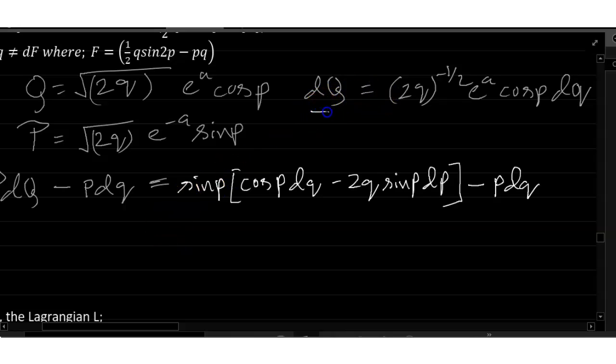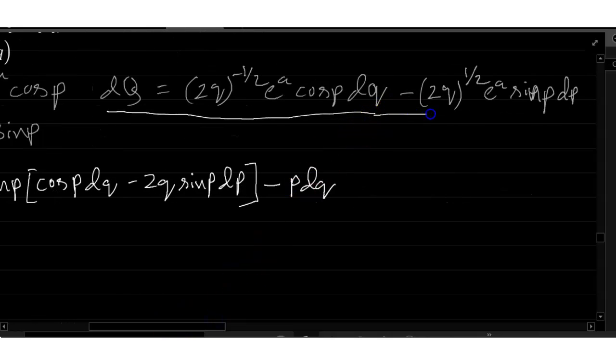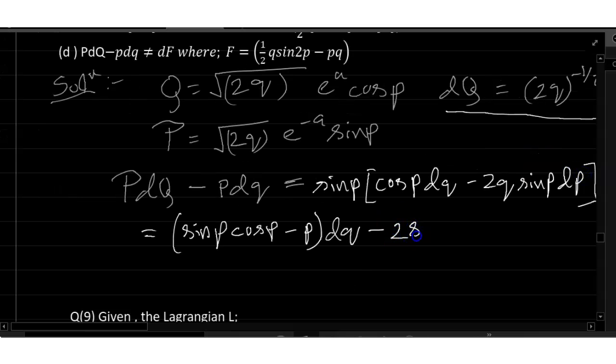This differentiation is very important. How can I differentiate? d(uv) = du·v + dv·u, minus 2q sin²p dp.